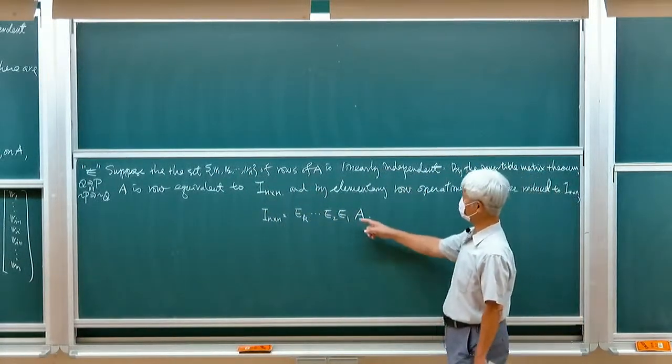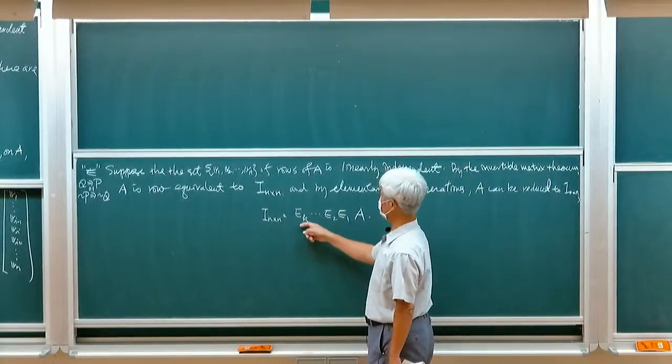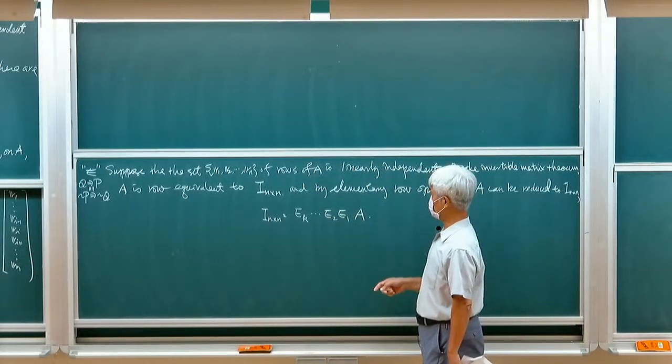Okay, so by row operations, they are all elementary matrices, right?